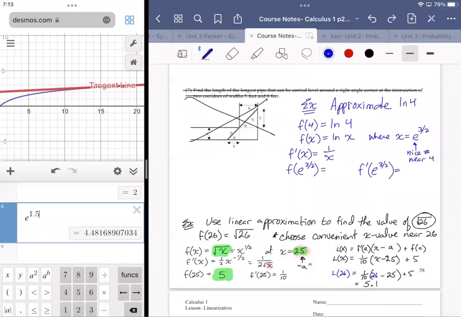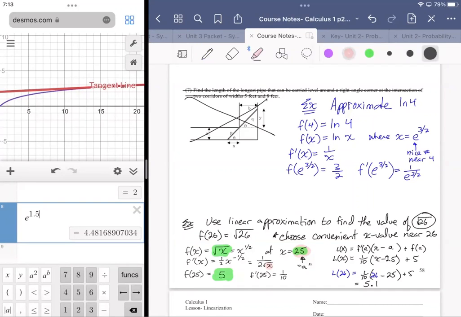The other gives us the slope at that location. If I plug this into the original function, ln of e to the 3/2 is just 3/2. For f prime, I'm plugging in e to the 3/2 for x, so that's just 1 over e to the 3/2. So still pretty clean, pretty clean being a relative term, but it's not terrible.